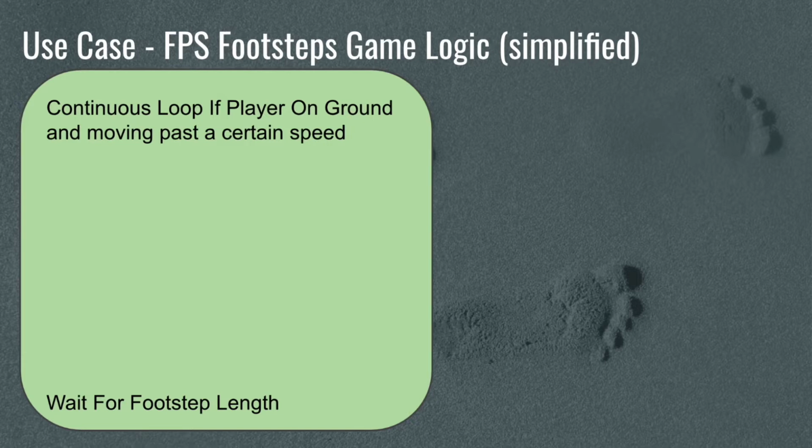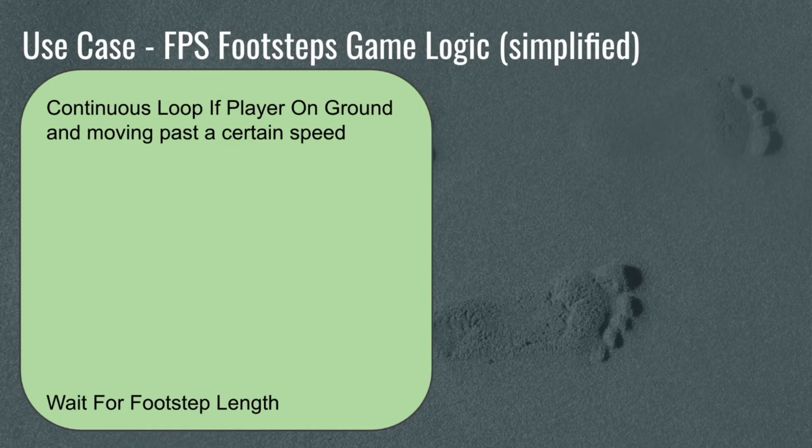Basically, the game logic is going to say a couple of things. In the case of footsteps, you have a constant loop going on. The first thing it does is check to see if the player is on the ground. If the player is on the ground, we're good, and we can play footsteps.